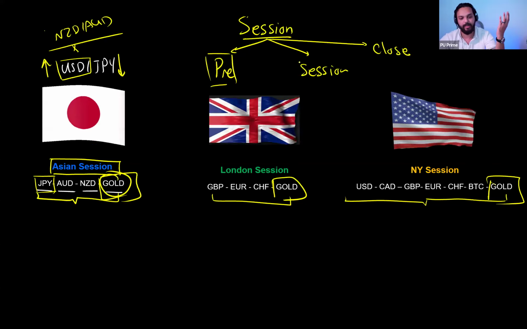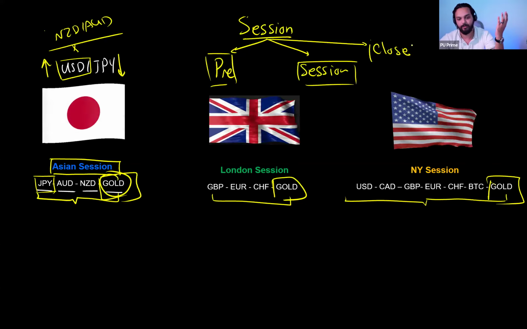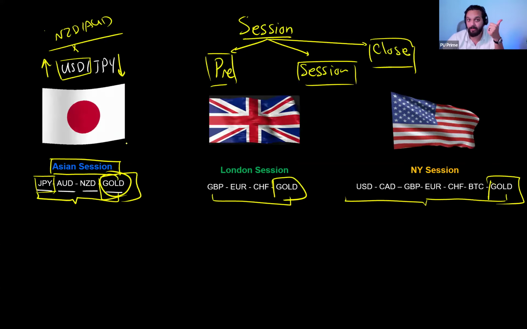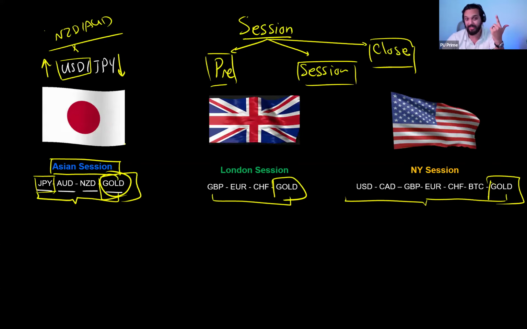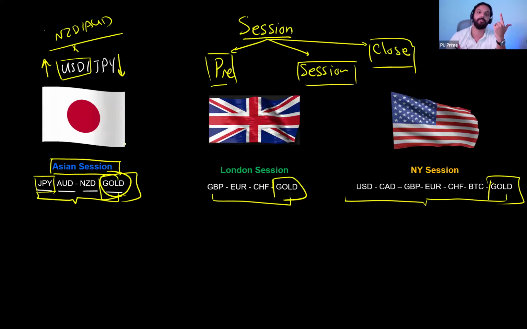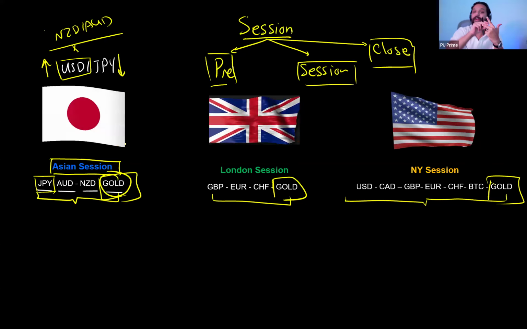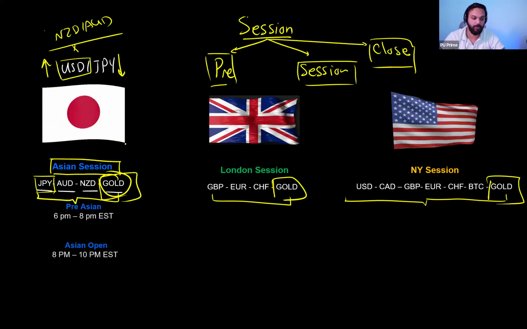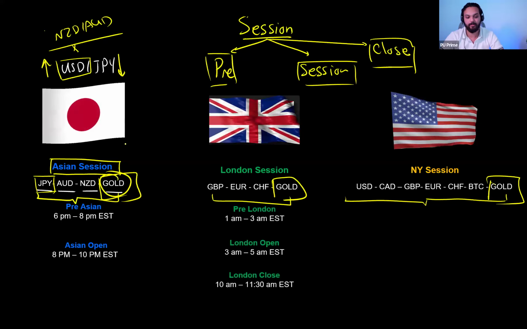In all of these times, there will be volume. The pre-market has volume, when the session actually opens there is volume, and when the market closes there is volume. So these are the timings.